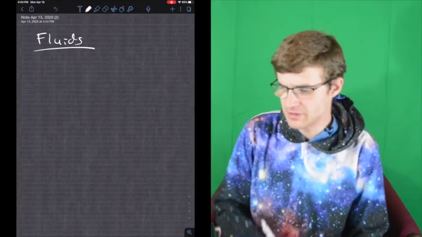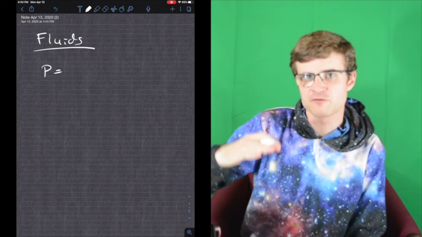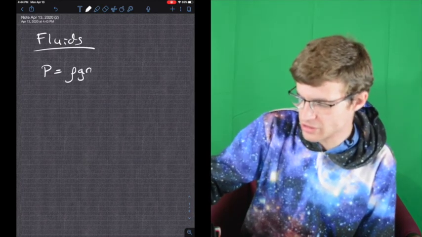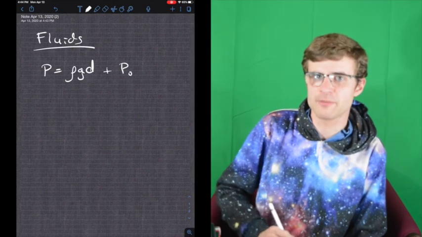Okay, so fluids. What are the key points of fluids here? The first is that pressure inside of a static fluid increases with depth. So we have P = rho g d, plus whatever pressure is on top of the fluid.